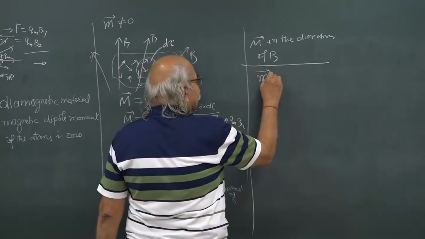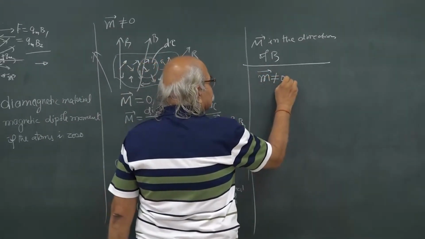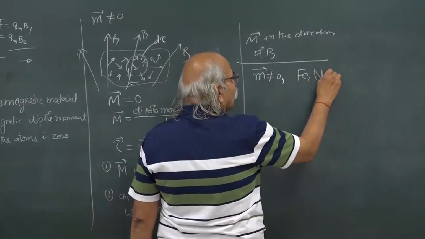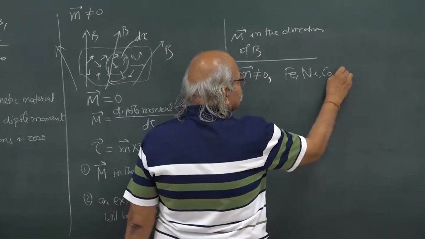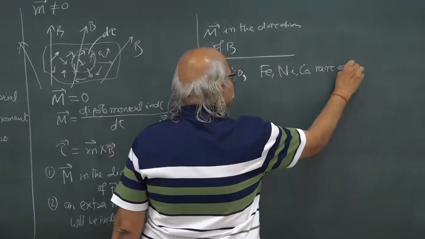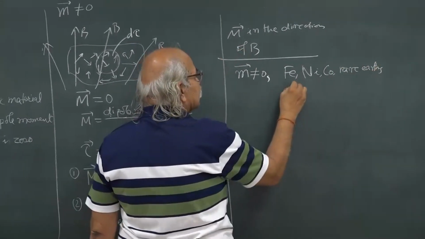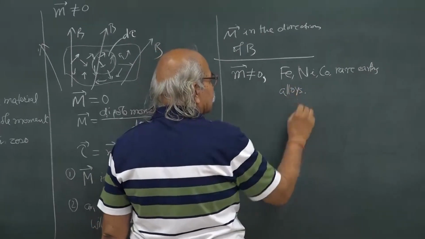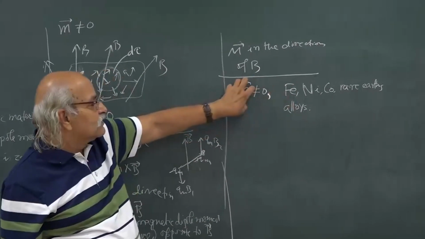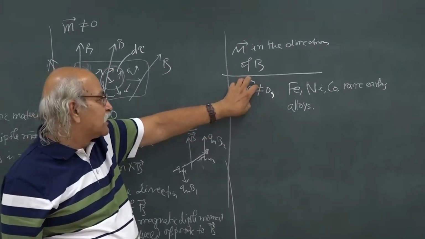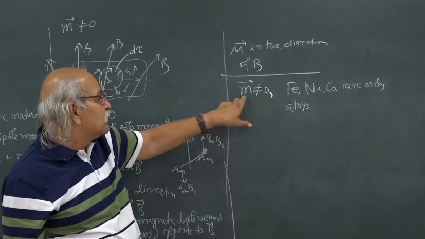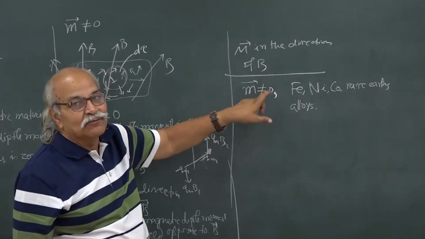So, in this same category, but materials like iron, nickel, cobalt and some rare earths, and then a lot of alloys, varieties of alloys, many alloys. So, this is a separate category among this bigger umbrella of atoms with magnetic dipole moment not being 0.